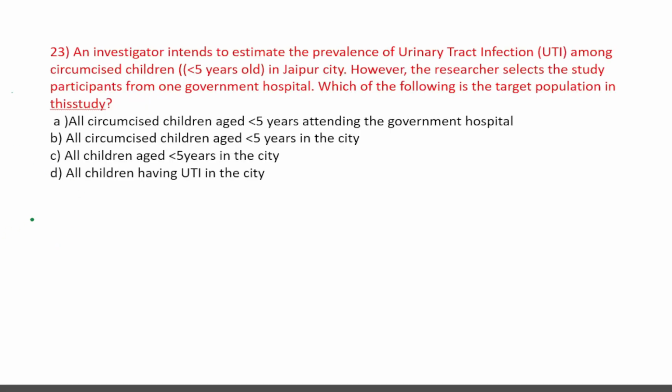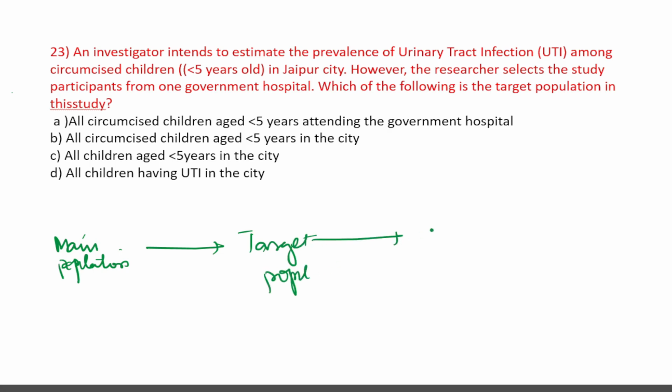We will substitute all the entities over here. First thing will be the main population, out of which you had the target population, and then you have the accessible population.